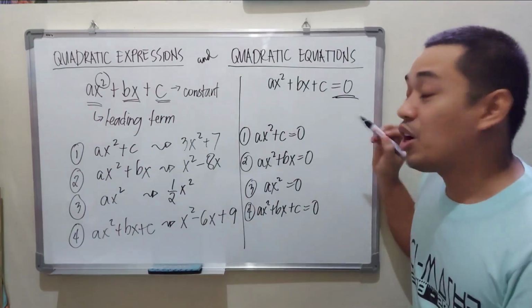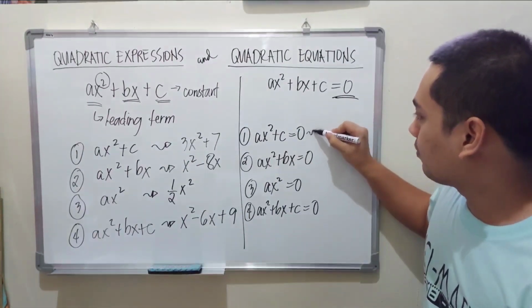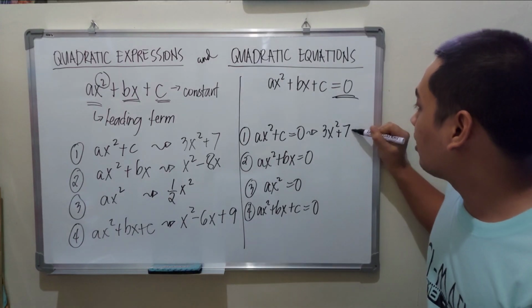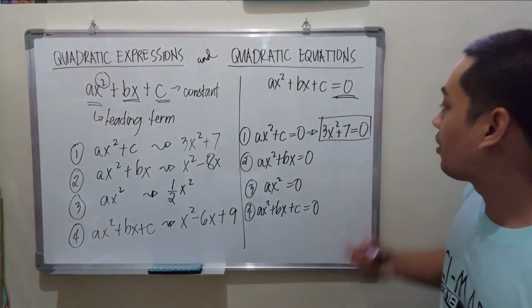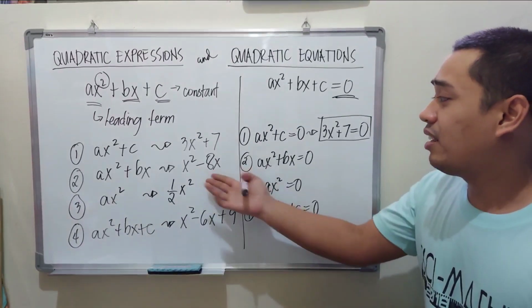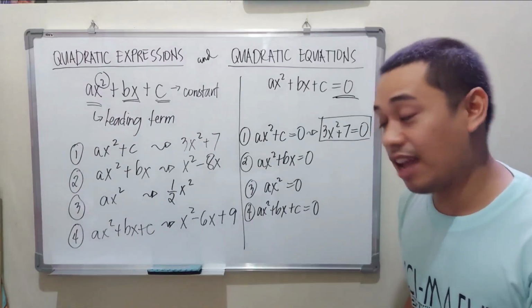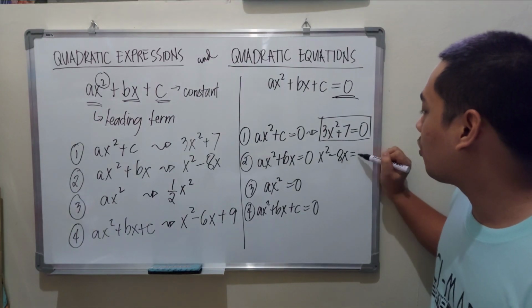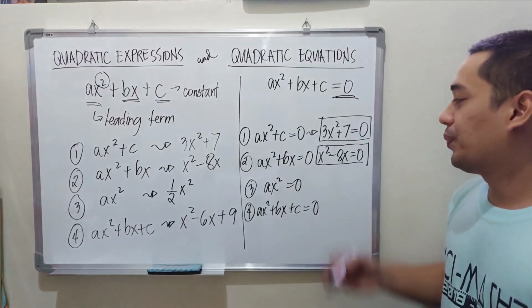Dito, sa number 1, we have ax squared plus c equals 0. So, we get our example, 3x squared plus 7 equals 0 mo lang siya. Ayun na yung example. For number 2, we have ax squared plus bx equals 0. Then, we just have to equate x squared minus 8x to 0 para maging equation na siya. Then, we have x squared minus 8x equals 0, then quadratic equation na siya.